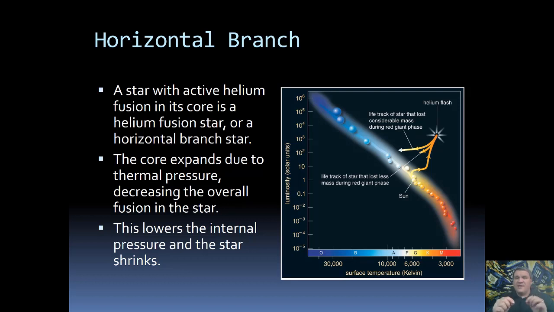So notice that just like before, we have the opposite trend. Before, as the core shrank, the rest of the star expanded. In this case, as the core expanded, the rest of the star shrank. Now, as the rest of the star shrinks, the outer layers are going to heat up, and it's going to become less luminous because it's now smaller. So we see these stars swing over to the left onto what we refer to as the horizontal branch.